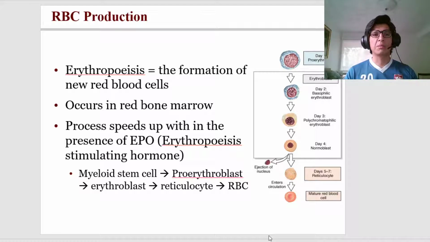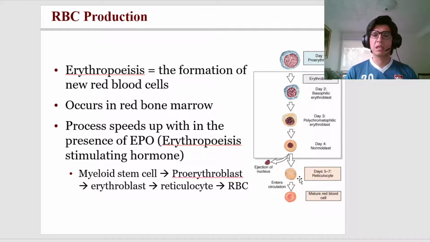Let's look at red blood cell production. The process is known as erythropoiesis. It occurs in the red bone marrow, and is usually promoted by the presence of erythropoietin, a stimulating hormone. I want you to focus on these components: the myeloid stem cells, the proerythroblasts, the erythroblast, the reticulocyte, and the red blood cell.